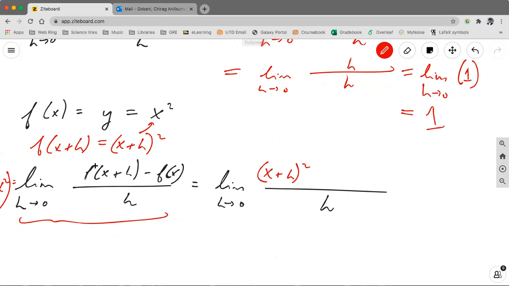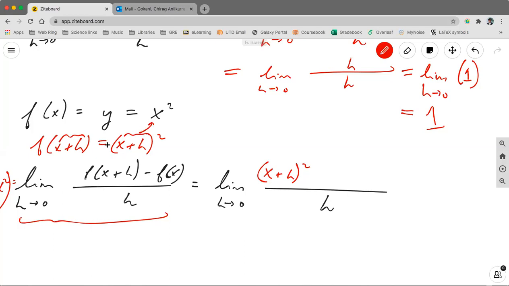So that's what f of x plus h is, right? Do people understand this step? How I'm just evaluating what the function is? The function itself is x squared, and I'm interested in what the function is when the argument is not x but x plus h, and therefore I need to put x plus h into the function. I hope that makes sense.